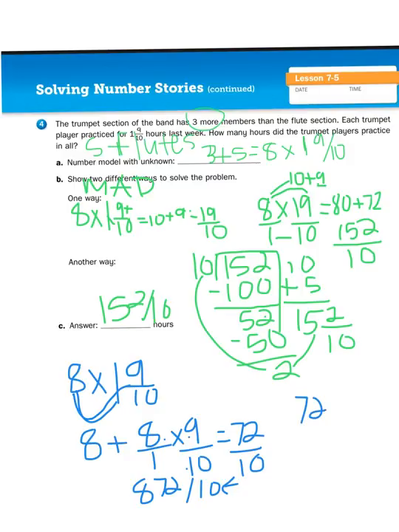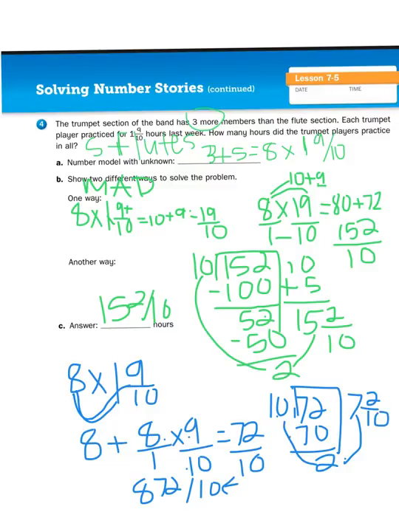So I'm going to do 72 divided by 10. I know that 10 times 7 is 70. And I have 2 left over. So 2 is my remainder because I cannot multiply 10 times a number and it be less than 2. So 7 is my whole number, 2 is my numerator, and 10 is my denominator.